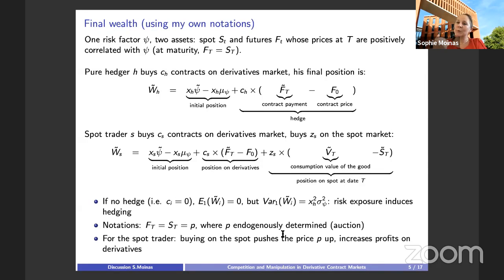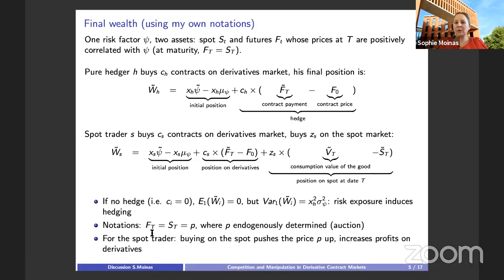And in order to introduce my first comment, I need to re-explain a bit what Anthony did very well, which is the final wealth of the different participants in the market. So you have a market with one risk factor, two assets that enable people to hedge against this risk factor, because the assets are actually correlated with the risk factor. Like a spot asset or underlying asset, and the futures, okay, for example, or any derivative.